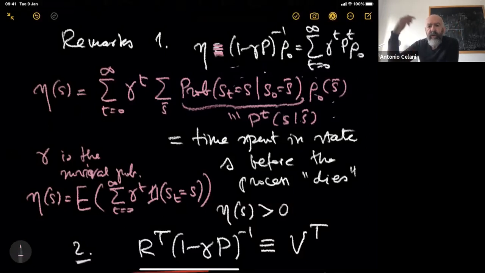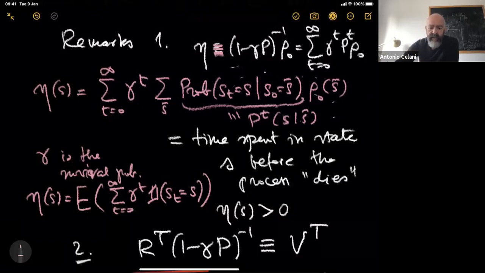Which means that in the augmented Markov process, the one with killing, this object will be the time spent in state S before the process is killed. This is just to say that this is not an abstract quantity that we've been introducing, but it has a very simple interpretation in terms of the Markov process that is happening now. First remark.